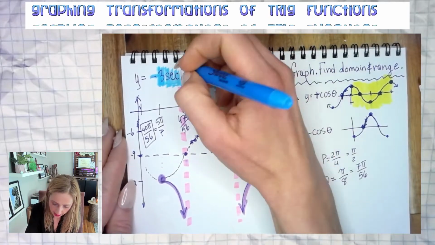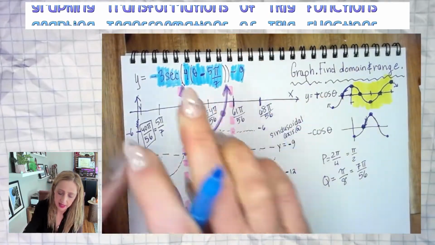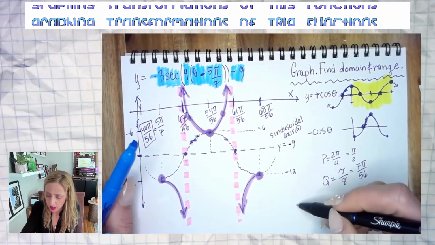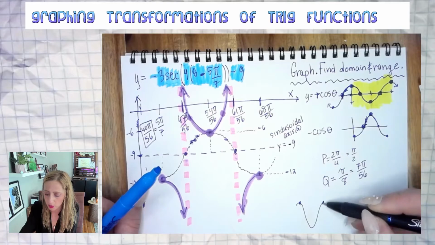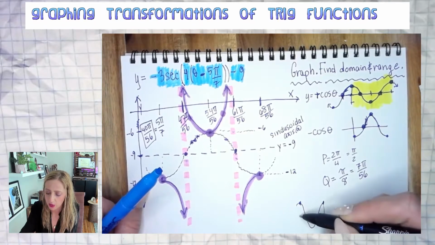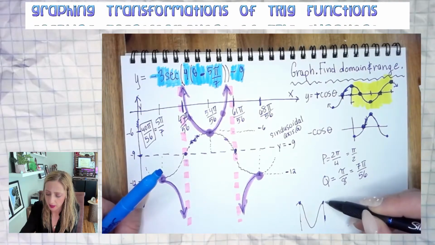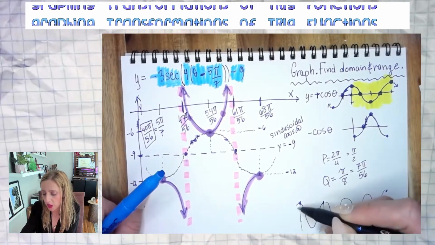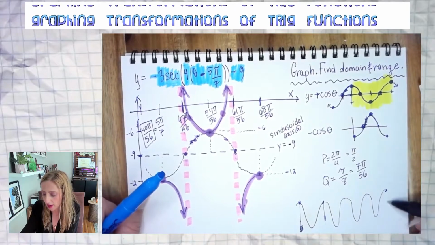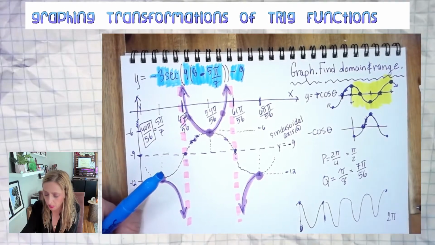Now this 4 again. If I didn't have a stretch or compression, here is one normal, I'm just going to look at cosine for a minute. One normal cosine wave, which normally would fit between 0 and 2 pi. But what if I told you 1, 2, 3, 4? What if I told you this is 0 and this is 2 pi?